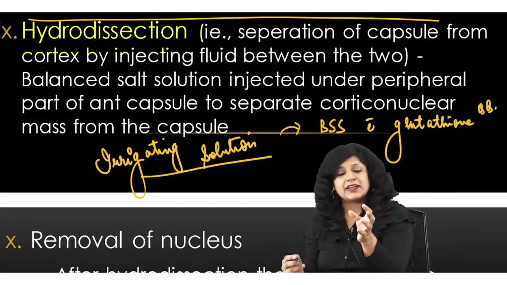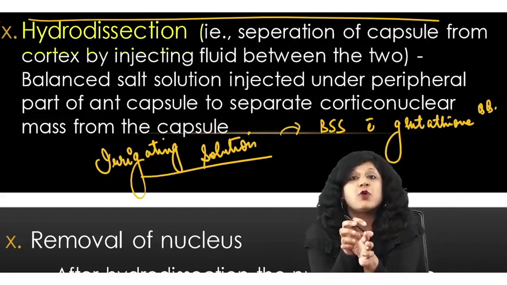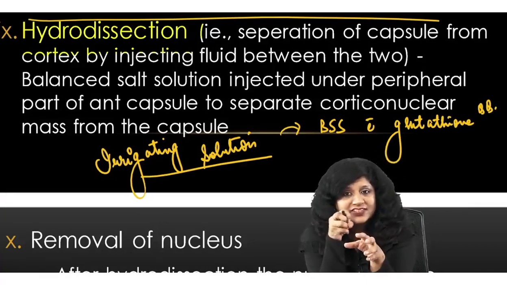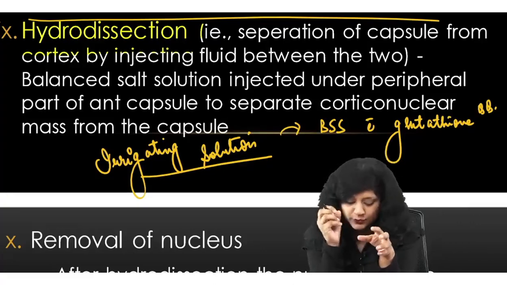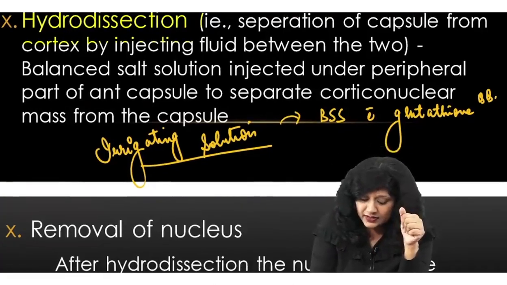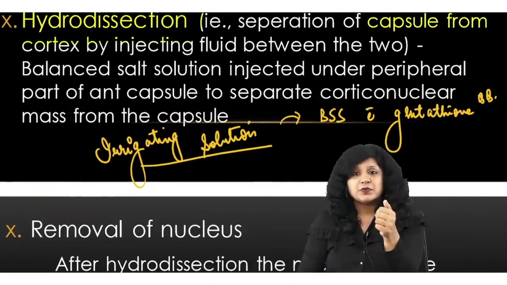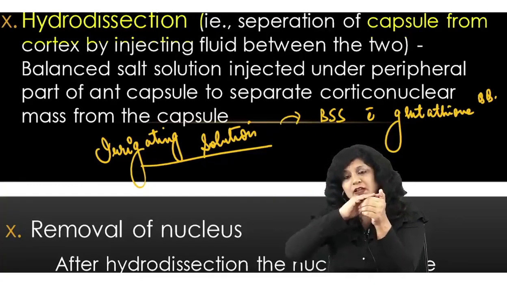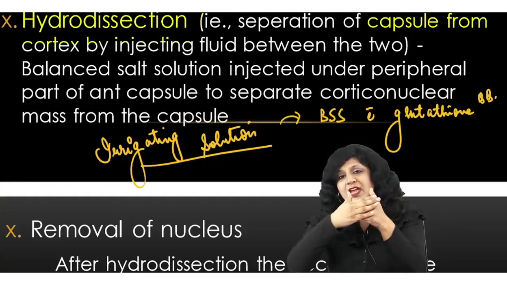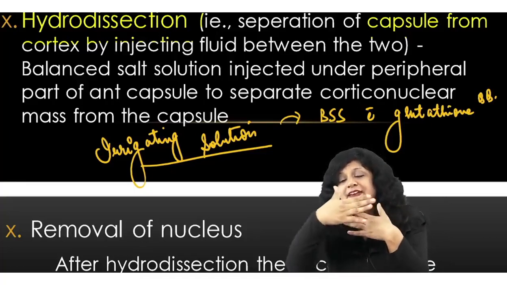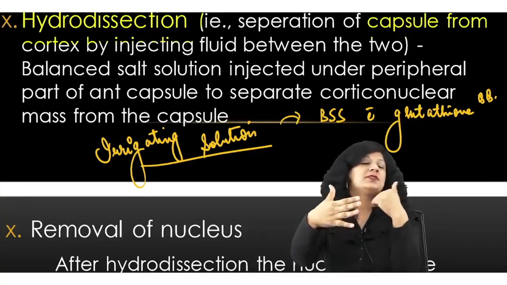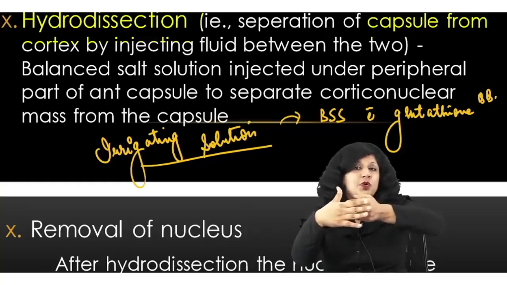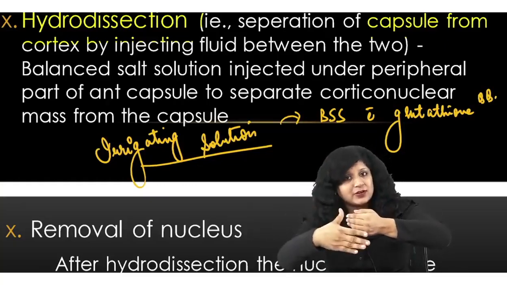If you look at the instruments, there I have shown you Simcoe's irrigation aspiration cannula. We are injecting that irrigating fluid between the capsule and the cortex, so that we separate the rest of the cortex from the posterior capsule, because you have to leave this posterior capsule intact.